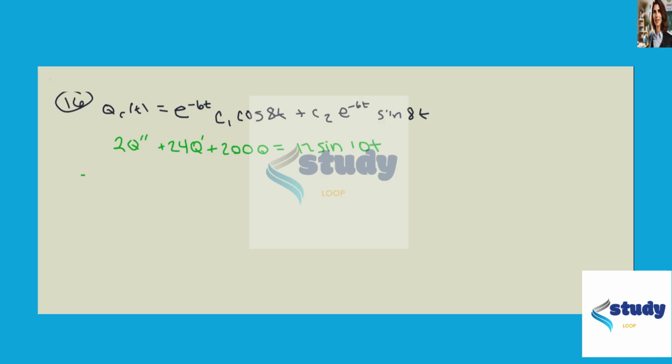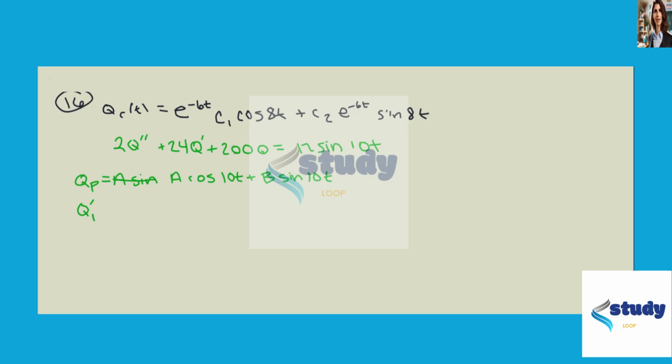So I'm going to let Q of t equal A cosine 10t plus B sine 10t.